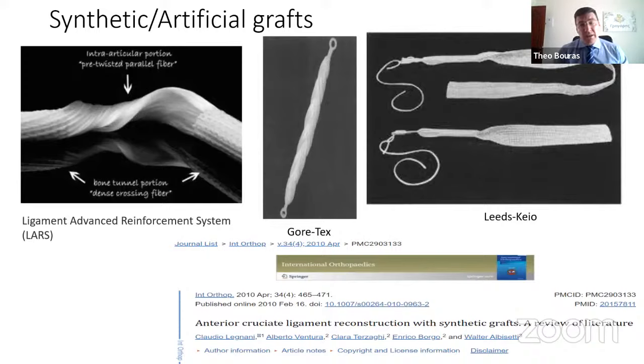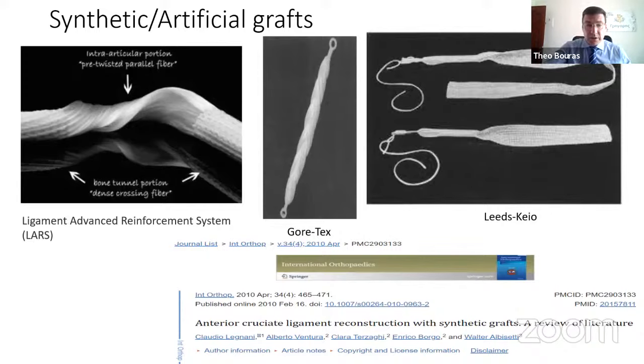For that, the synthetic grafts were abandoned in the ACL reconstruction world. However, there is a third generation of synthetic grafts, such as the LARS ligaments made of polyethylene terephthalate, and the literature is now starting to develop in favor of synthetic grafts.